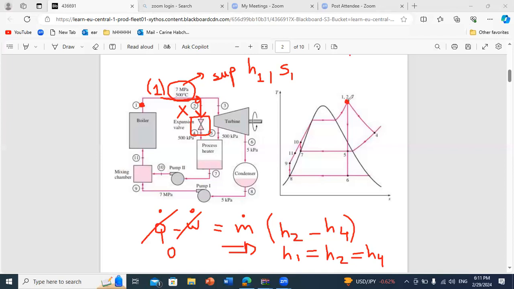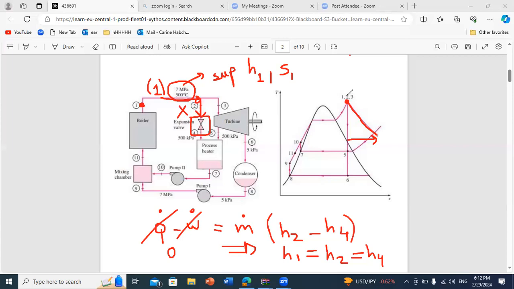How do we draw a line of constant enthalpy in a TS diagram? It's a curve for which S is increasing, because you know in any process, we have an expansion here, the temperature will be reduced and the entropy will be increased, okay?